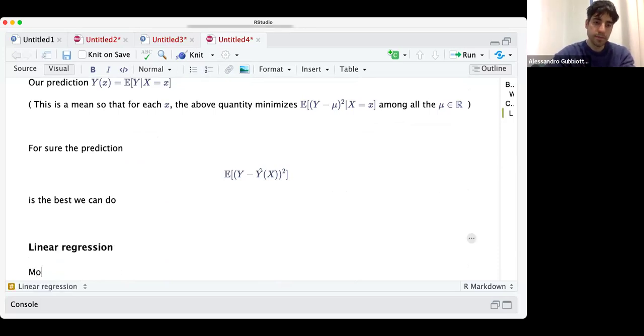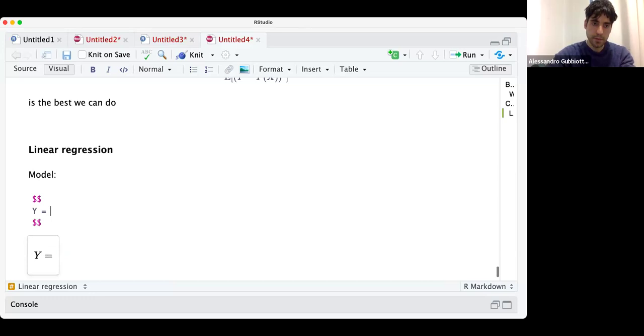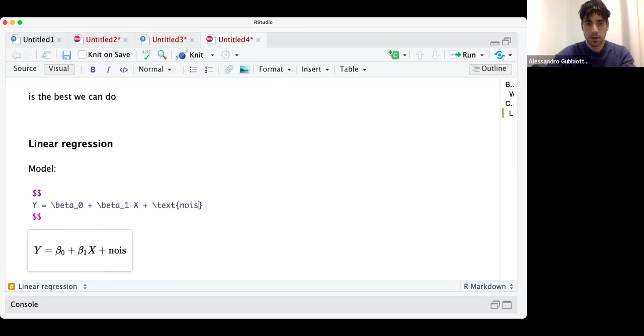So the model. The model is the following: y is equal to beta 0 plus beta 1 x plus some noise, mean zero noise.